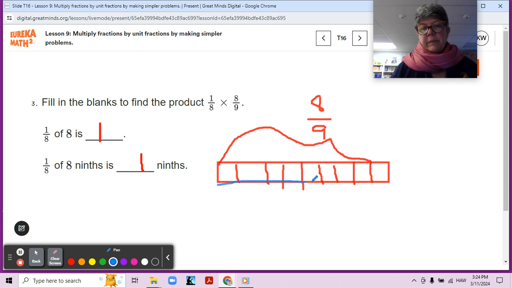I'm just looking at my 8/9. And then I'm dividing it. I have 1, 2, 3, 4, 5, 6, 7, 8 of them. And one of them would be 1/9, right? 2/9, 3/9, 4/9, 5/9, 6/9, 7/9, 8/9, 9/9. So one of them is 1/9. So 1/8 of 8/9 is 1/9.